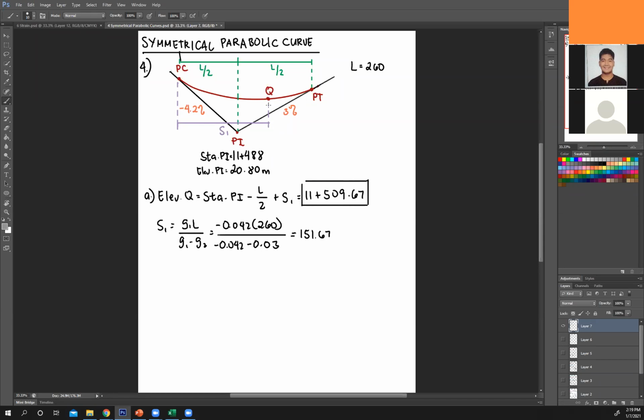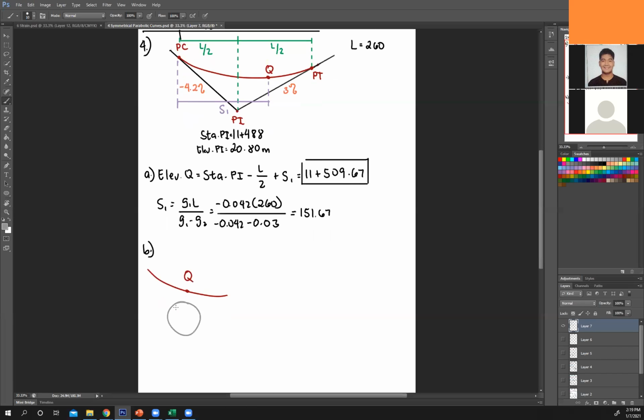It's not actually at point Q. It's somewhere here. So that's your pipe. Let me just zoom into that. Letter B. If you zoom in, this is your point Q, right? And this is your pipe.